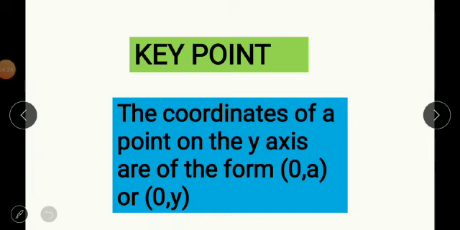Read this point carefully. The coordinates of a point on the y-axis are of the form 0, a or 0, y.